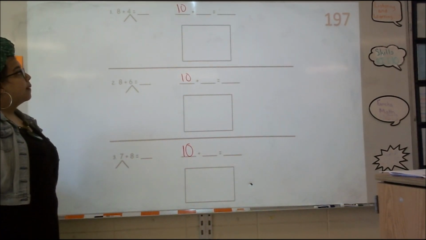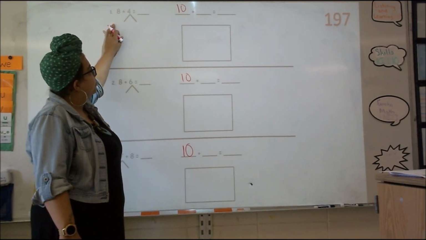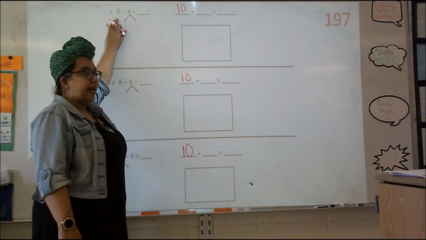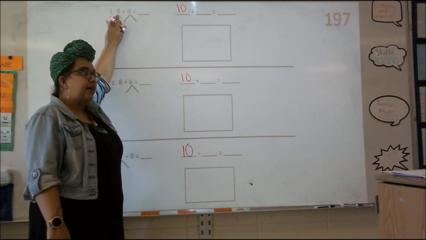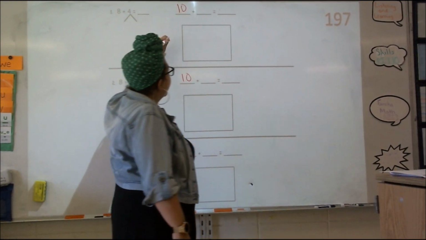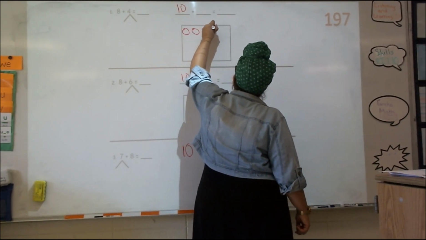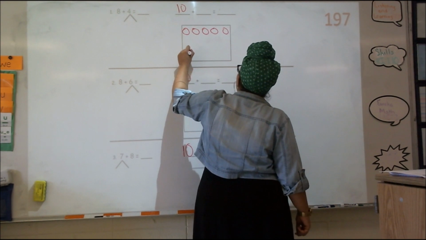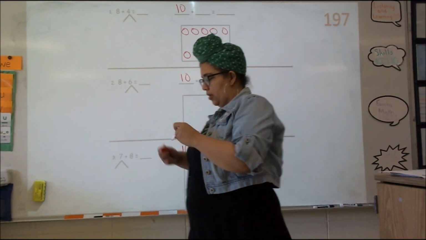So we have 8 plus 4, okay? We're going to put the 8 inside of the 10 frame because we know 8 is closer to 10 than 4 is. So let's put 8 in the 10 frame. 1, 2, 3, 4, 5, 6, 7, 8. 8 is in the 10 frame. Good.